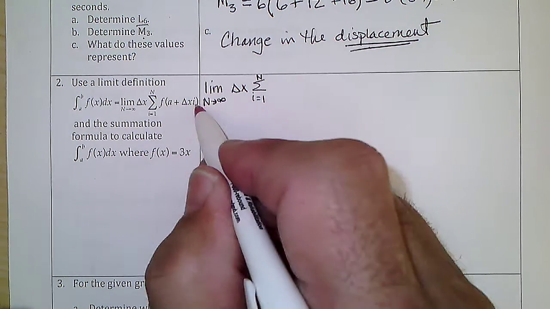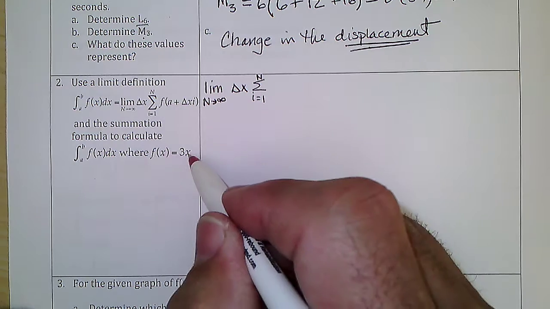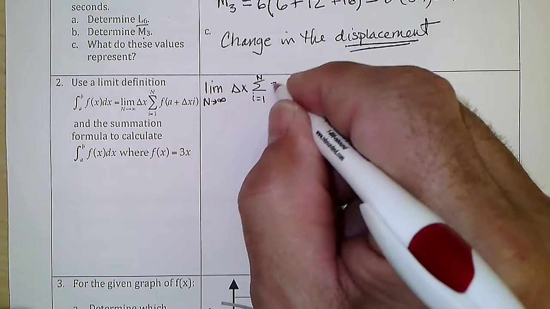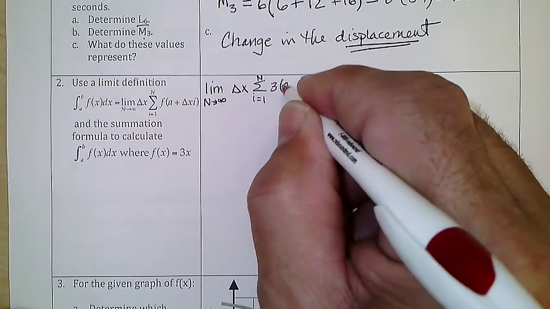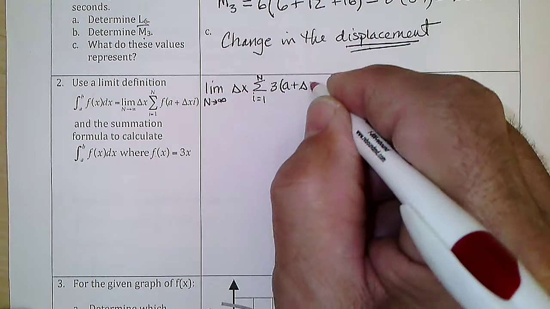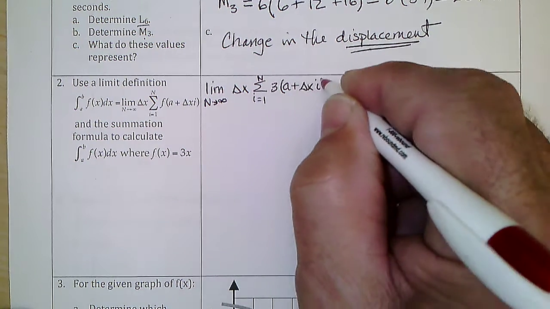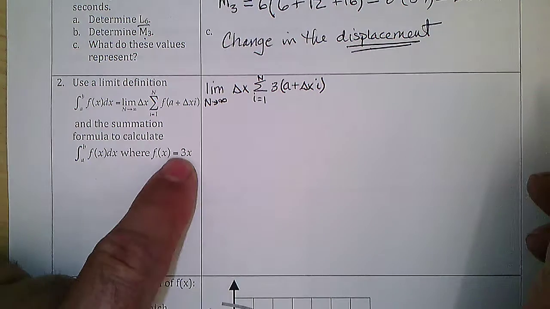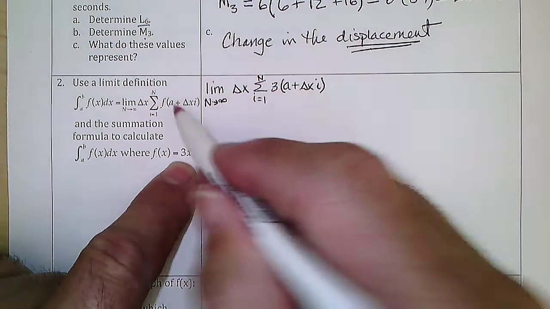An f of this means we put this in here, and it's times 3, so we get 3 times a plus delta x i. That's f of this.